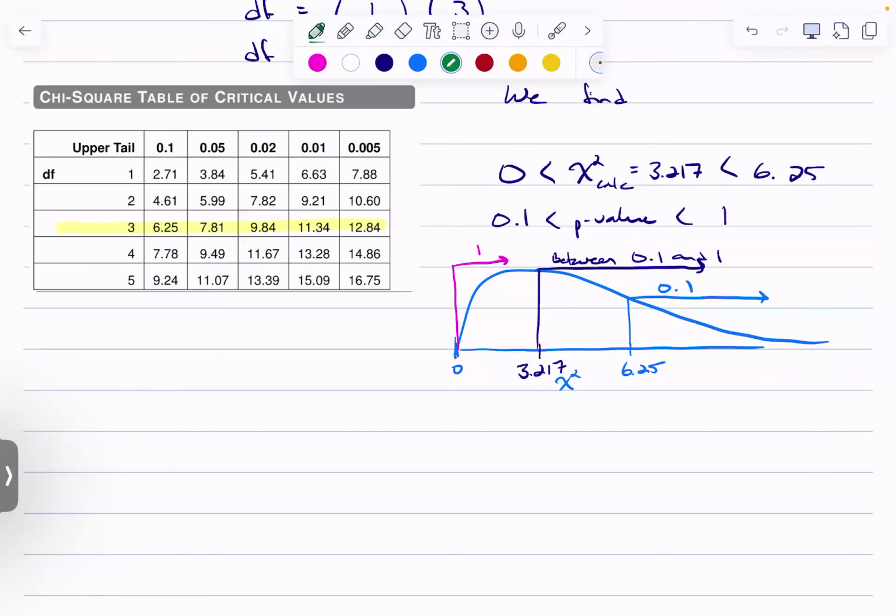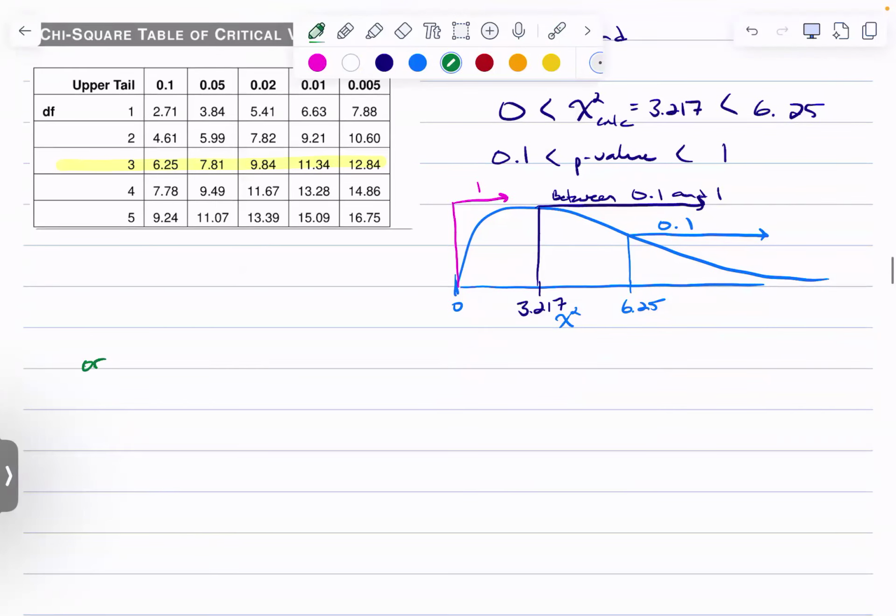Assuming an alpha level of 0.05, and that's our default, we can find the critical value.